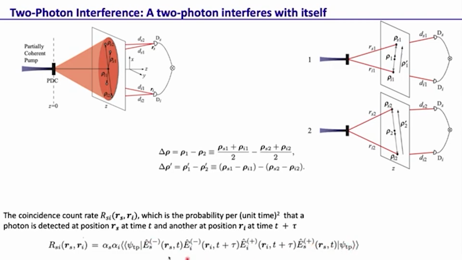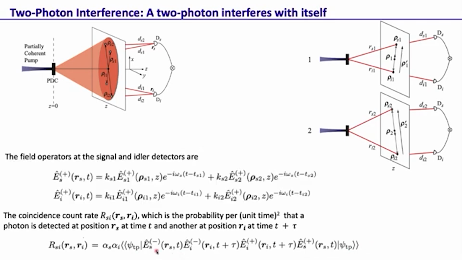The first average is the expectation value of these field operators, and the second one is the ensemble average over those expectation values when the state psi Tp is not pure, when it is mixed, and that's when we need to do a second average. Okay, so the electric field operator Es is the electric field operator at the signal detector, and this is the electric field operator at the idler detector.